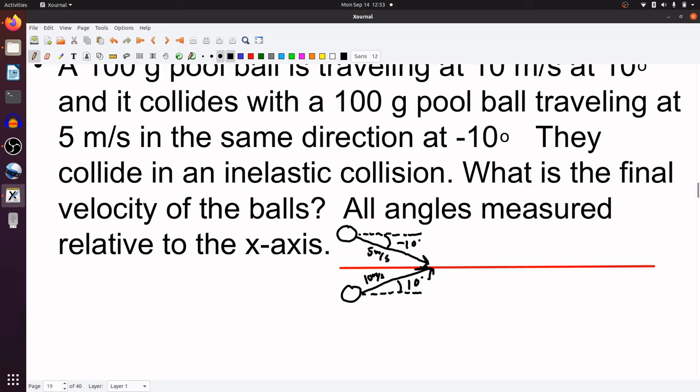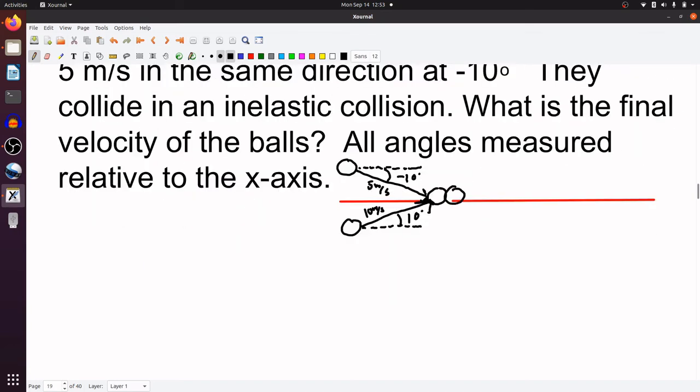As long as you label the correct ones, positive going with 10 and negative going with 5, you should be able to solve it pretty easily. It collides in an inelastic collision because we covered them with superglue, because we could. And it becomes one big ball. So, 2 balls become 1, and we want to figure out where it's going to go from there.